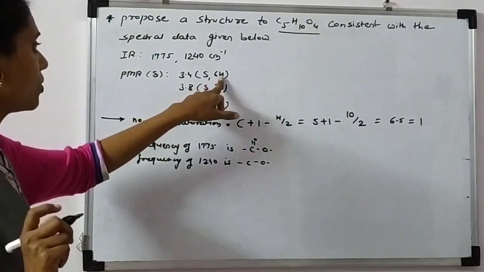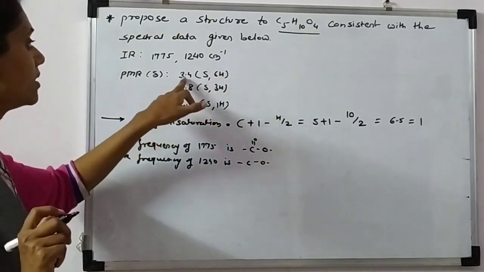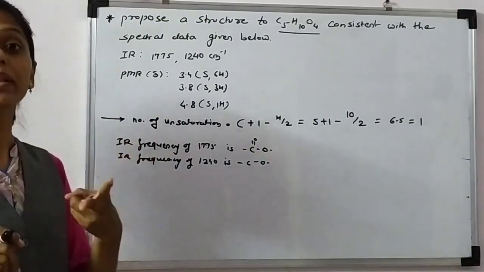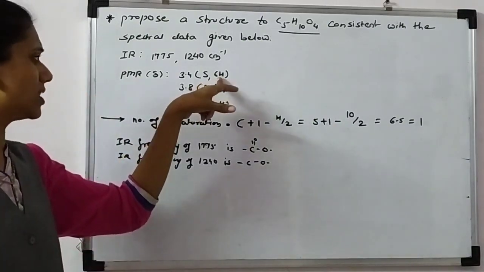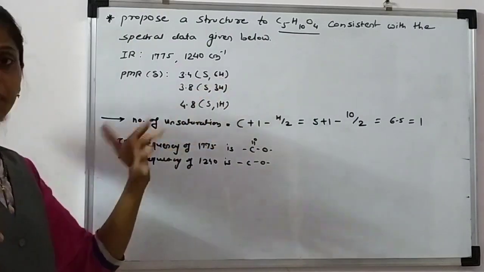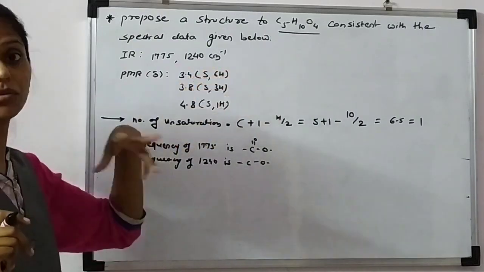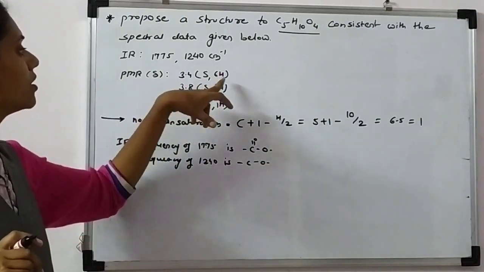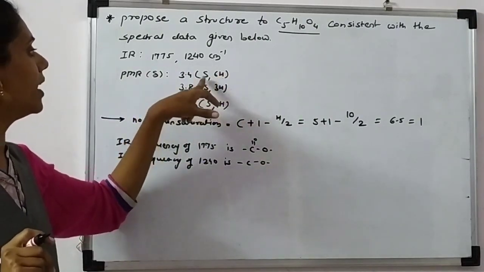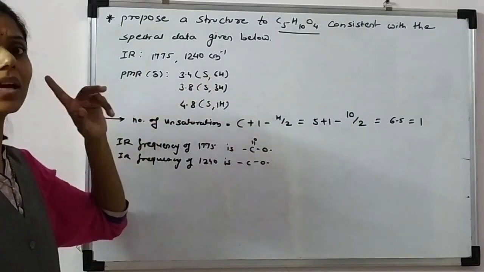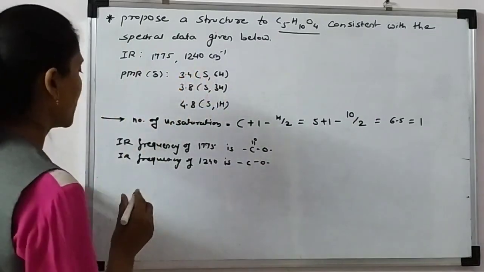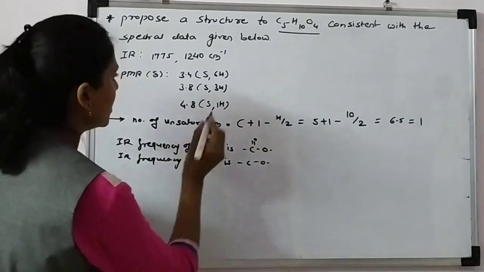Here 6 protons give a singlet at 3.4. That means a methyl group is there, 2 methyl groups. Since there are 6 protons, maybe 3 methyl groups or 3 CH2 groups. But we consider here 2 methyl groups attached to 1 carbon atom, since we get the singlet.